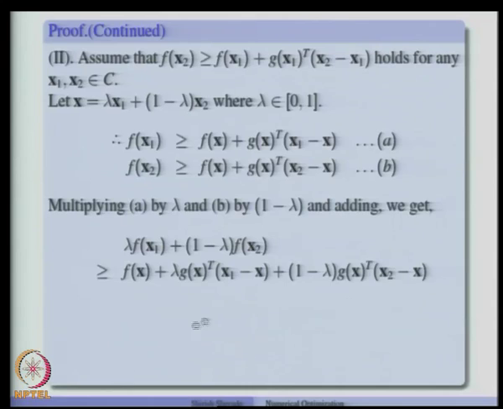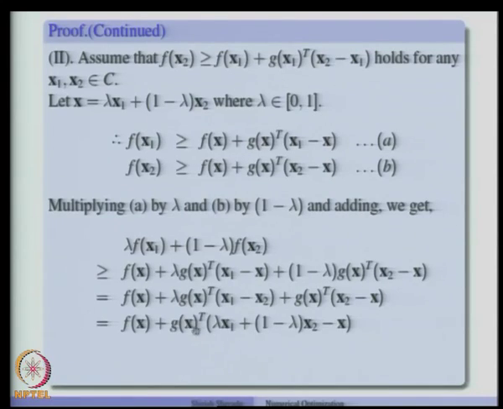Now, we have to rearrange these terms, and if you rearrange them, you will see that what we get is f of x plus gx transpose (lambda x1 plus (1 minus lambda) x2 minus x).